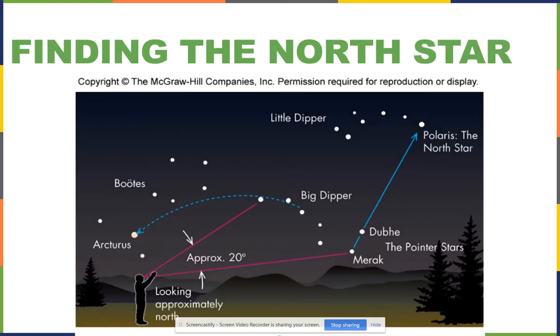So when we go out tonight to look at the sky, the first thing that we always need to do is to kind of get our bearings, to find something that we can identify. And for me, that's always going to be the Big Dipper. Why the Big Dipper? The Big Dipper is something that we call circumpolar.